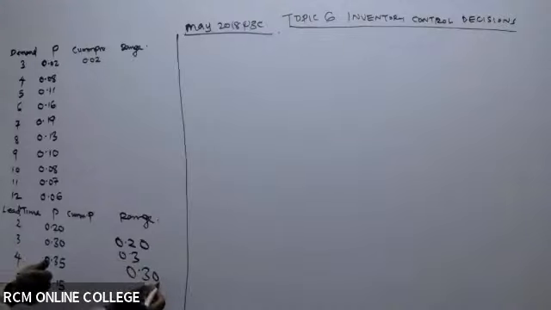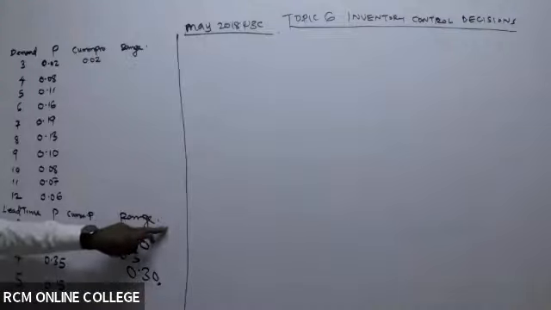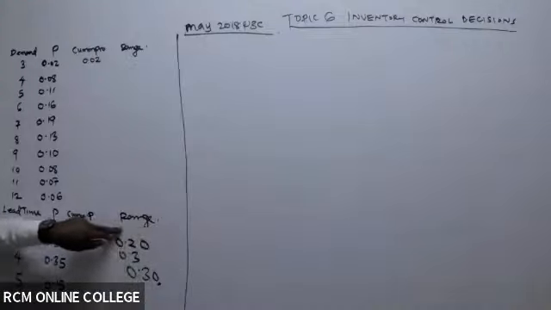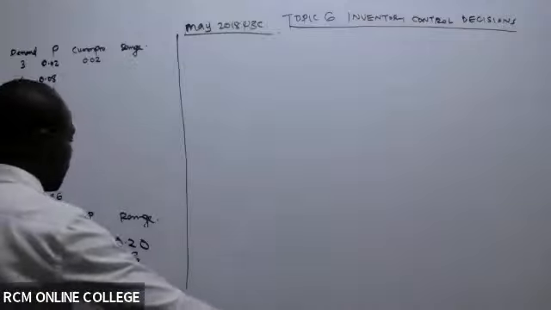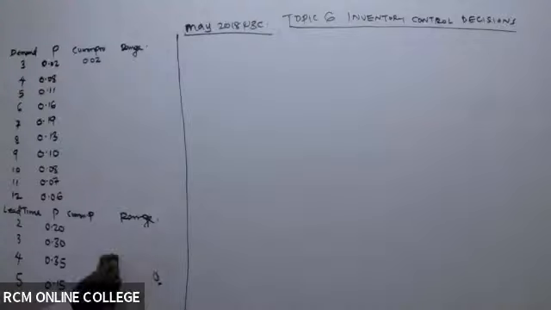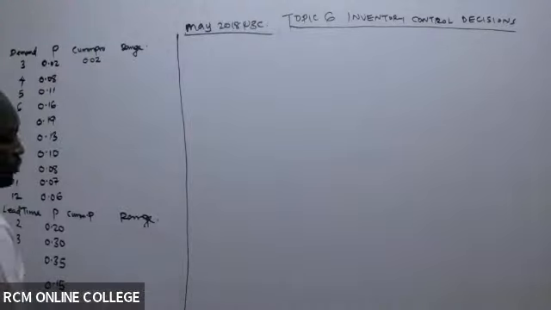The addition of 0 here is very important because it determines how you are going to come up with this particular range. The number of digits in your range is influenced by the number of decimal places under the probability column, and therefore we must consider that 0.